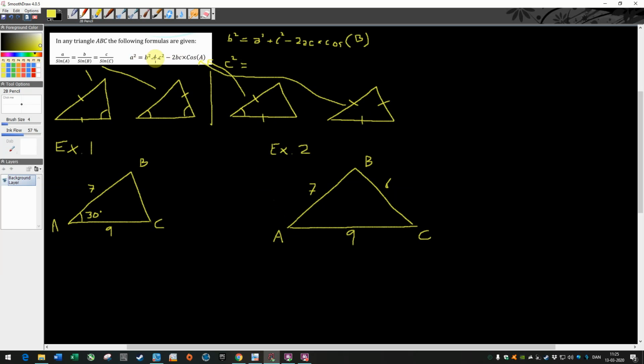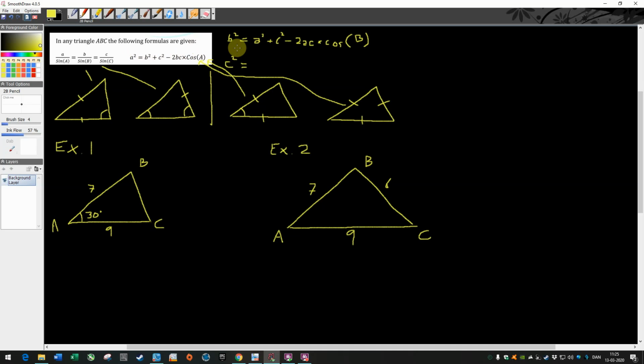In your formula booklet, this one is the only one for cosine that is given. I have created another one up here. Let's say you know the angle B, for example, then you just switch out the letters. So if you change A with B, you have to change the other letters as well.